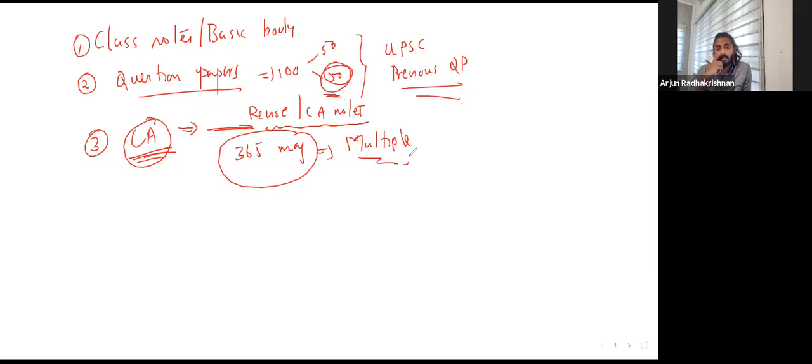This is what I'll suggest about current affairs. Whatever you are doing, revise that multiple times. It is very, very important. So this is what I'll suggest in general regarding the upcoming preparations. Try to solve as many questions as possible, because revision itself happens by solving question papers.